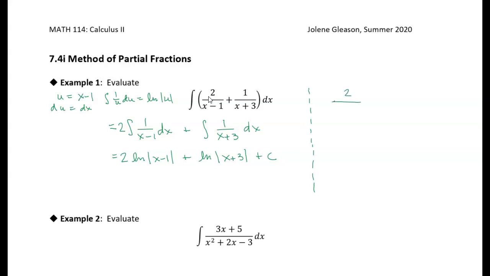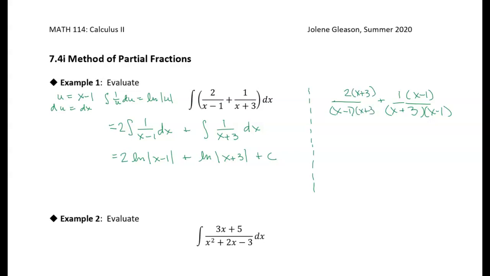So if I take 2 over x minus 1 plus 1 over x plus 3, I can combine them if they have a common denominator. So I'm going to multiply this one times x minus 1 over x minus 1, and then I can multiply this by x plus 3 over x plus 3.